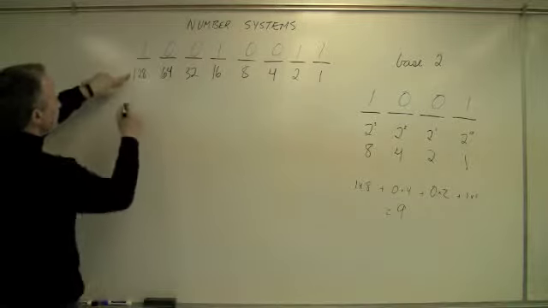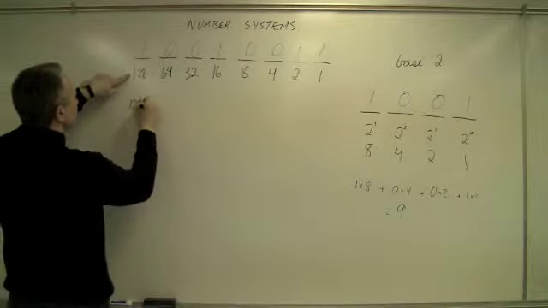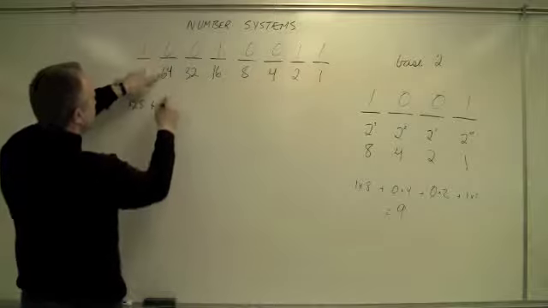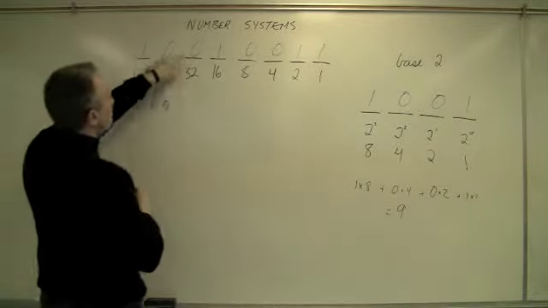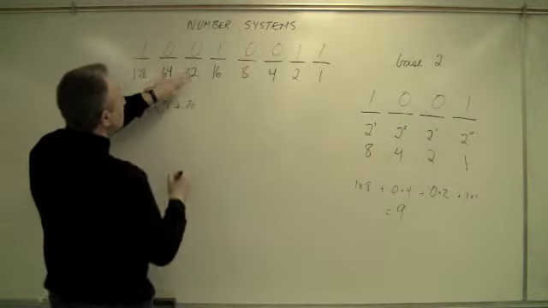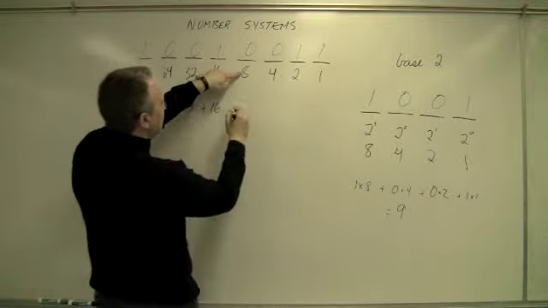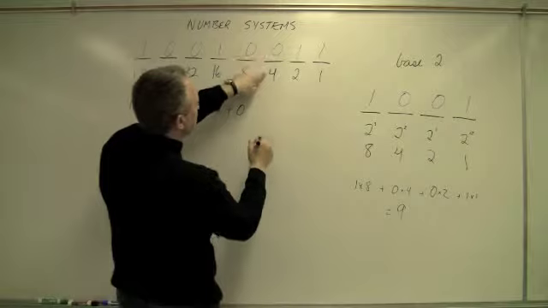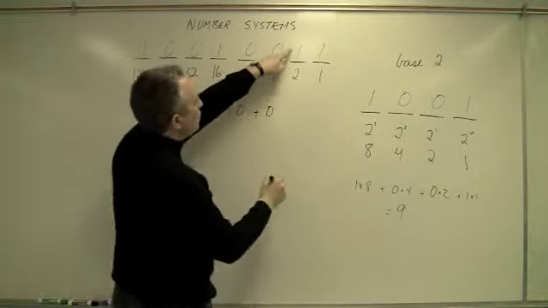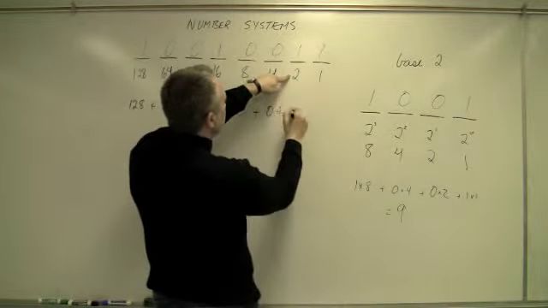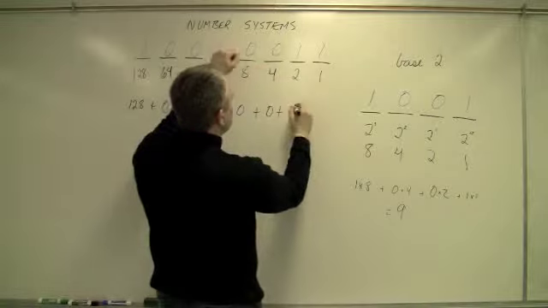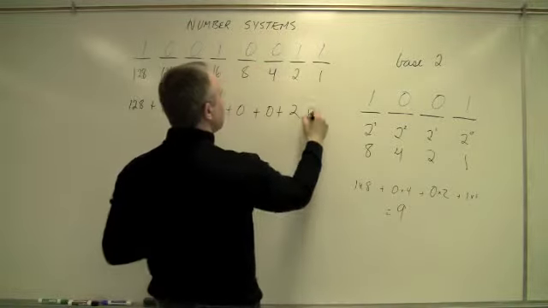So we get 1 times 128, 0 times 64, 0 times 32, 1 times 16, 0 times 8, 0 times 4, 1 times 2, and 1 times 1.